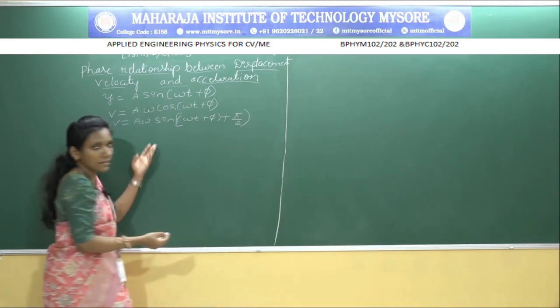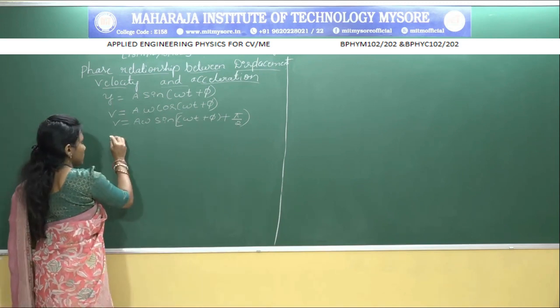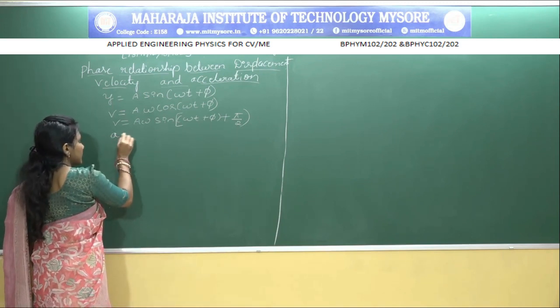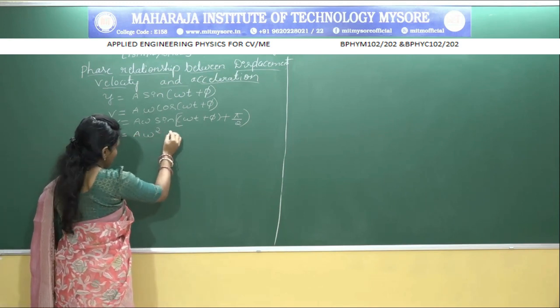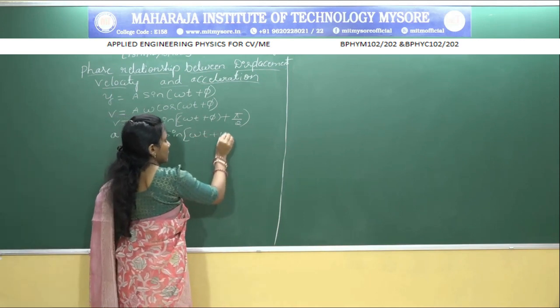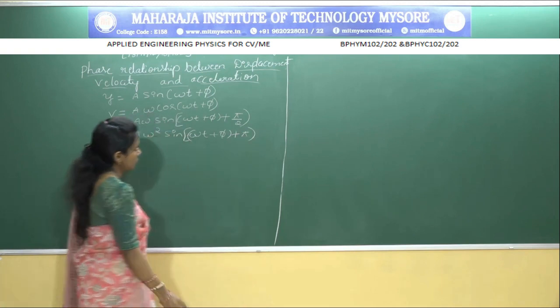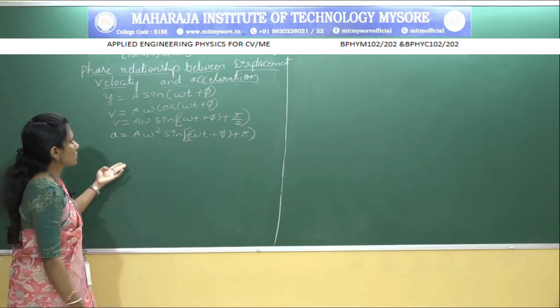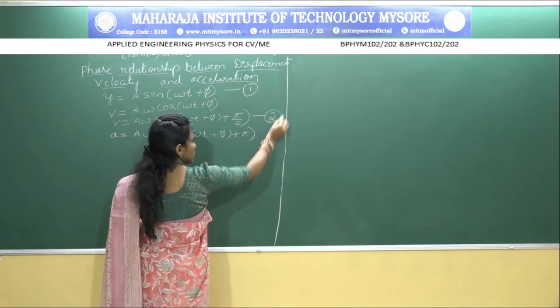So again I am writing with the angle 90 degree. Acceleration is equal to a omega square sine of omega t plus phi plus pi. Okay. So this is the displacement equation 1 and velocity expression 2.